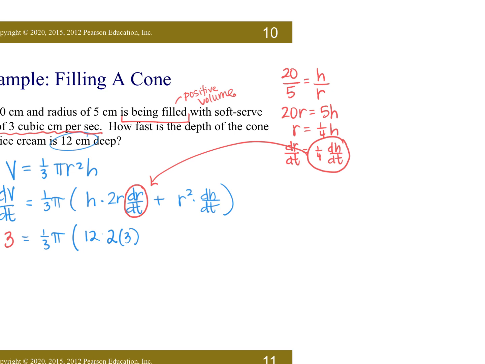So again, it's not explicit in the question, it's implied because of the ratio, because both the height and the radius are changing. So we're going to plug in right here 1/4 of dh dt. Plus, okay, r squared, we've got 3 squared, and then dh dt.